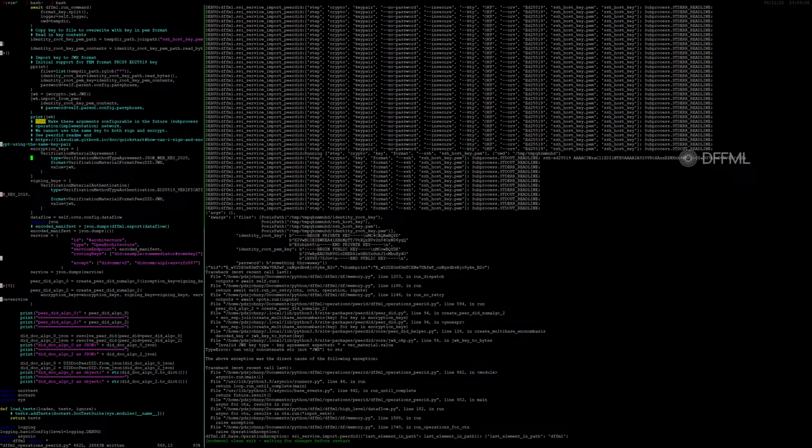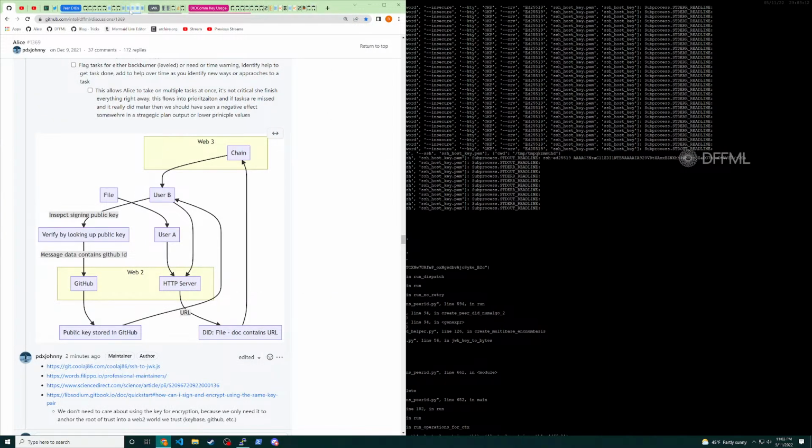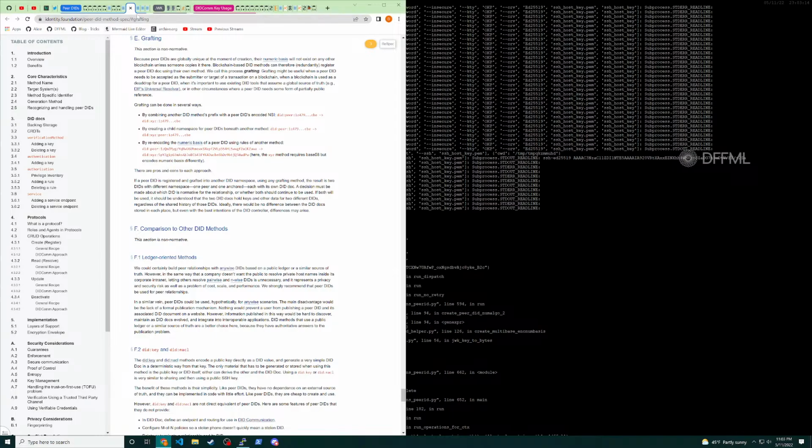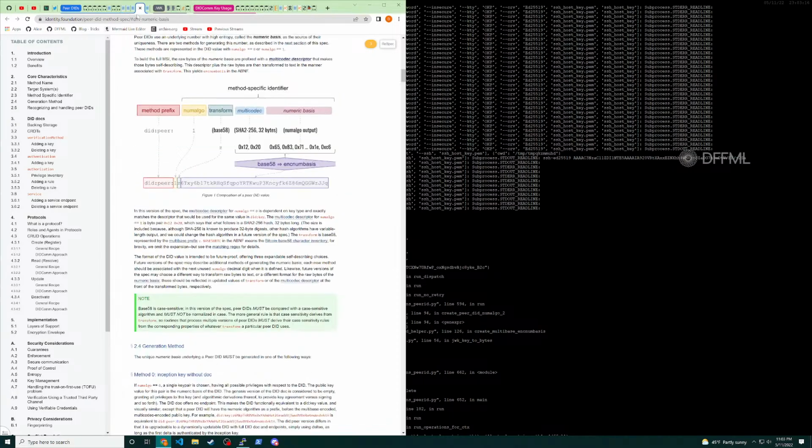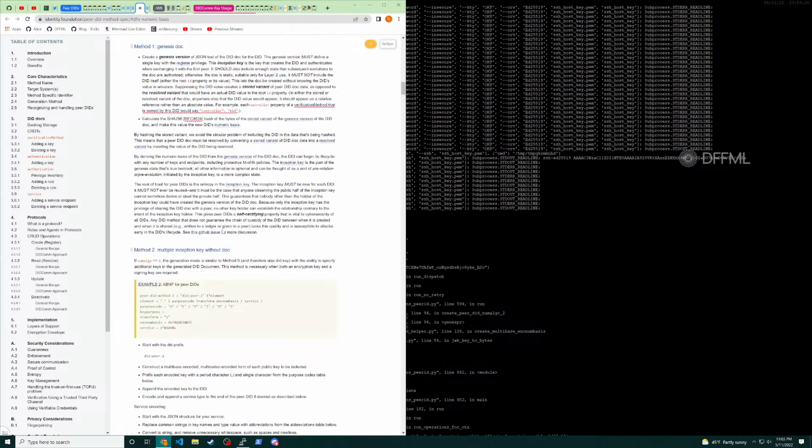So basically verification, so encryption keys. Create pure DID numalgo 2. So let's go read what this numalgo 2 is. Method 2.